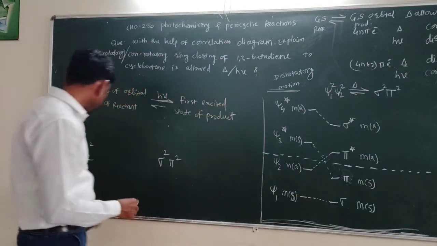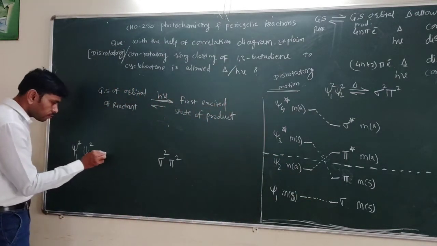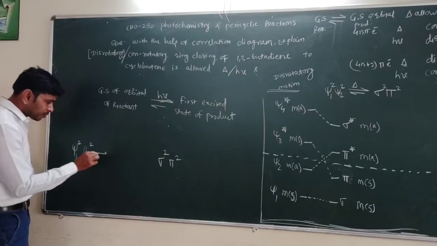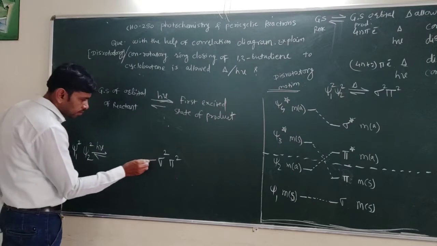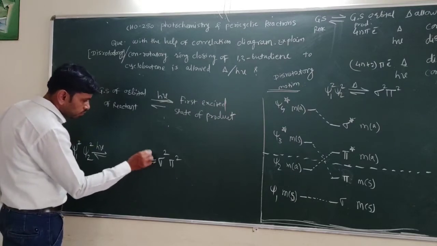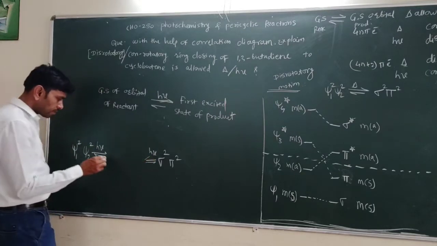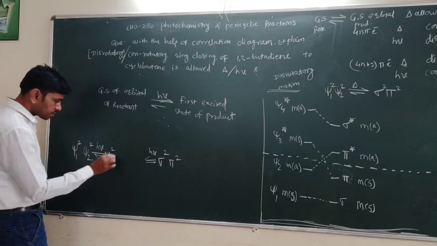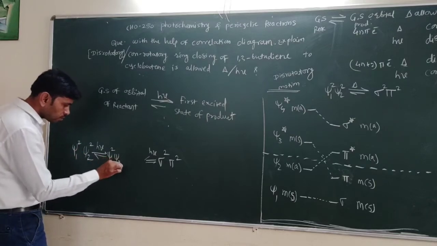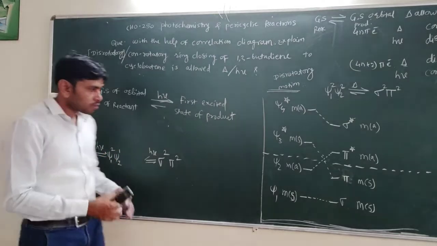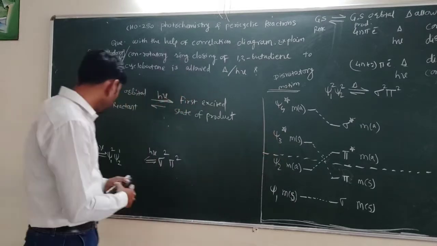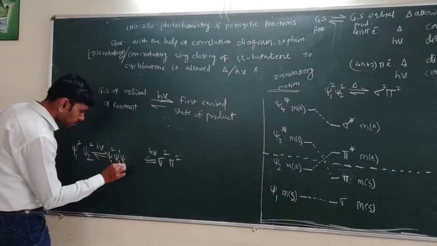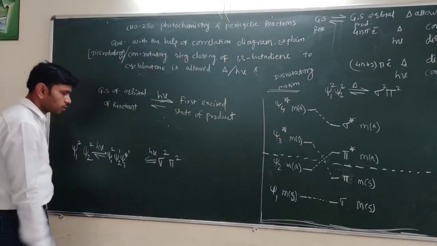undergo excitation, when there is a photochemical mode of activation, then what happens? The Psi1 contains 2 electrons, but Psi2 contains 1 electron, and one electron from Psi2 goes to the excited state. So Psi3 star contains 1 electron now.